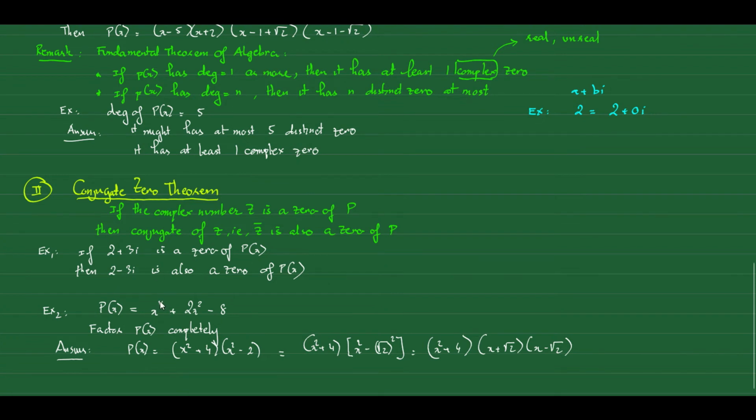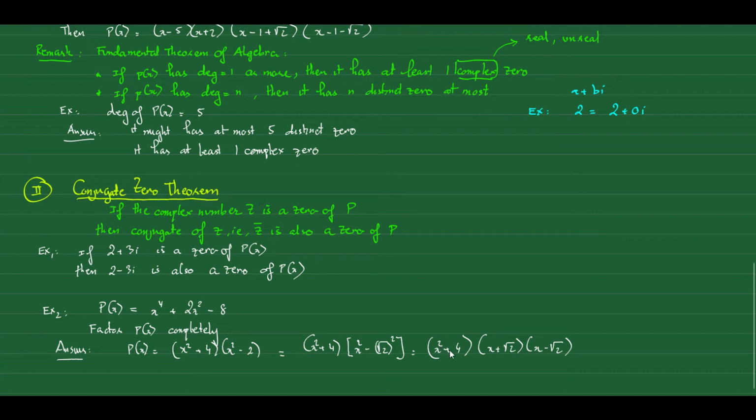Now if you look at the degree over here, we see that this is degree 4, so we have at most 4 distinct zeros, according to the fundamental theorem of algebra. And of course we have at least, well, it looks like we have 2 already to satisfy the theorem. Over here we have 2 more, and you see that it's x squared plus 4.